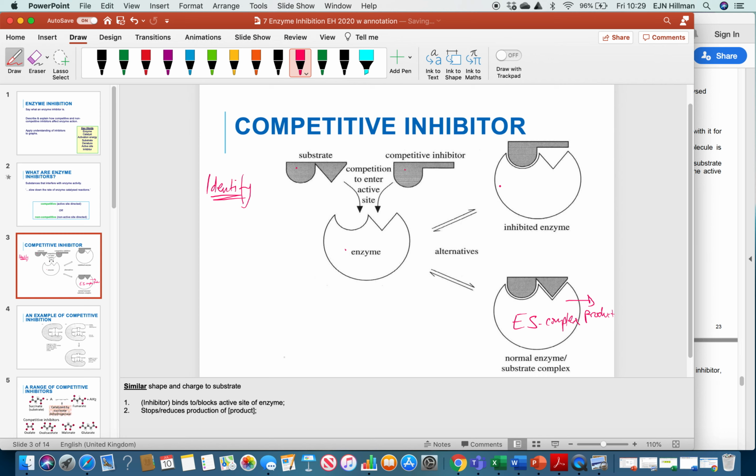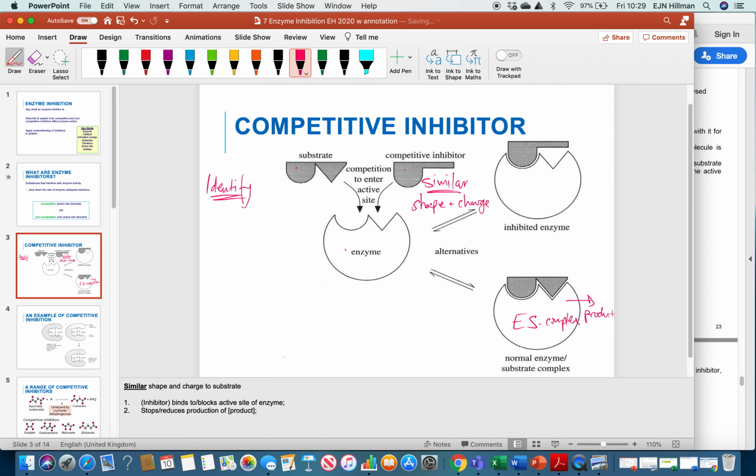Alternatively, a competitive inhibitor may have a similar shape and a similar charge. Now, similar is the key word here. You will lose credit for saying they are the same, because obviously they're not the same, but they have a similar shape and charge.